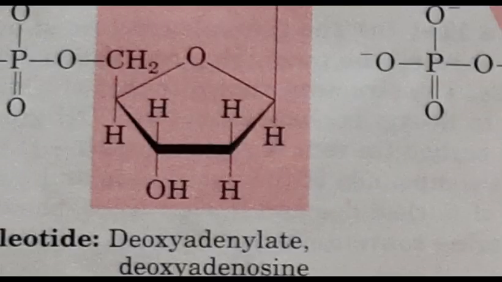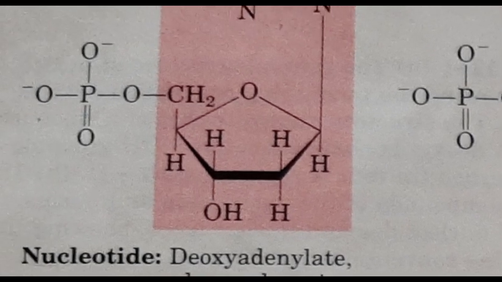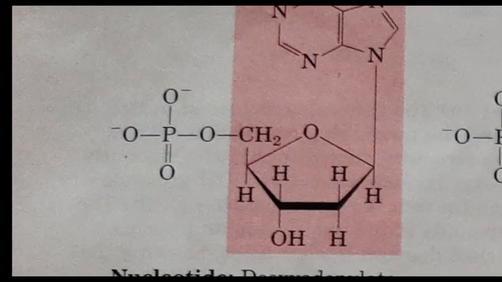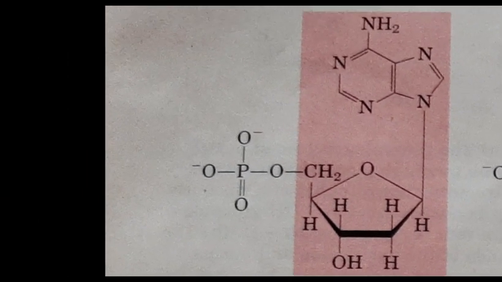The DNA molecule comprises a 5 carbon sugar, pentose sugar, which is called deoxyribose, and a flat heterocyclic nitrogen containing organic base. These bases are of two types, purines and pyrimidines.